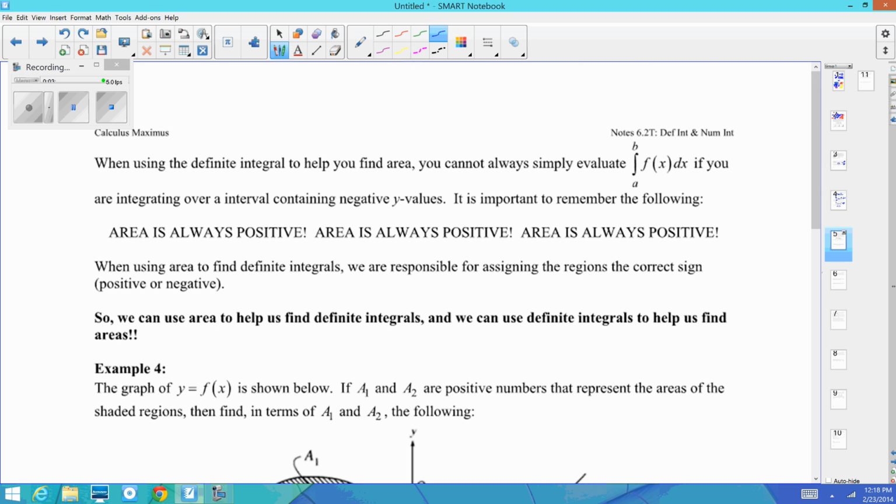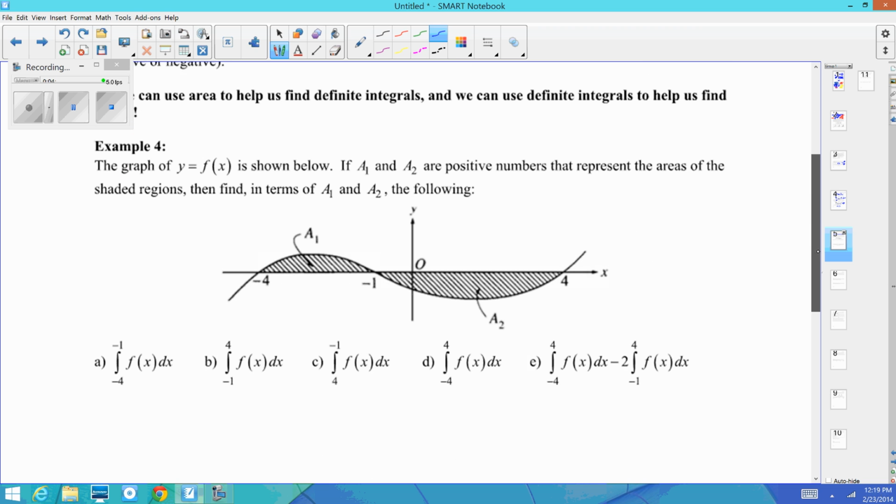All right, let's look at an example. Very important: area is always positive. Every single time. You can't have a negative area. And integrals are not always equal to the area, as we saw on the last page. But we can use integrals to help us find it.